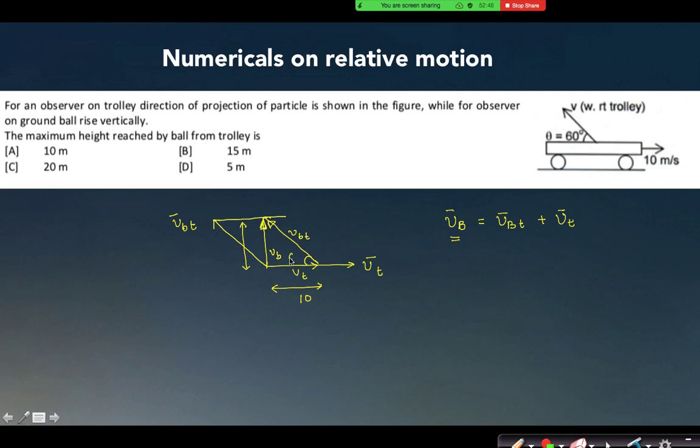If this is 60 degree, can I say that tan 60 degree is equal to modulus of VB divided by 10? Can I use this equation? That is equal to root 3. So what is the velocity of the ball with respect to ground? You will say that it is 10 root 3 meter per second. That is the velocity of the ball with respect to ground.